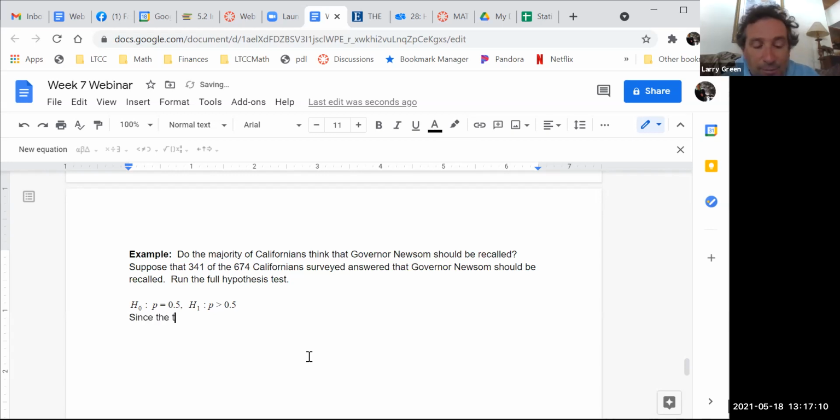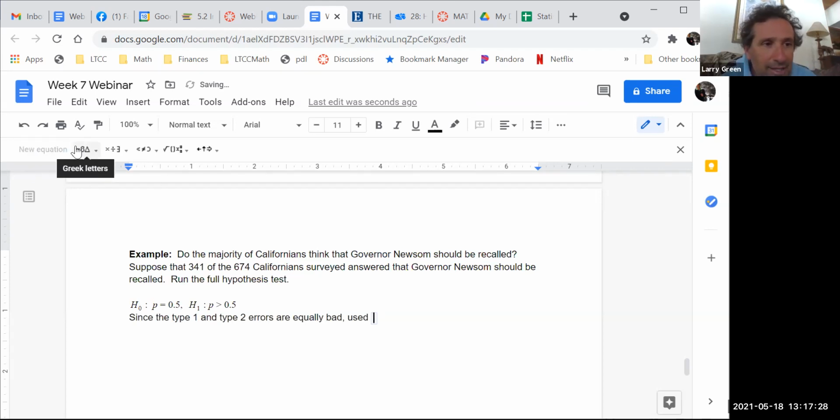Since the type 1 and type 2 errors are equally bad, use a level of significance, which is alpha, equals 0.05.